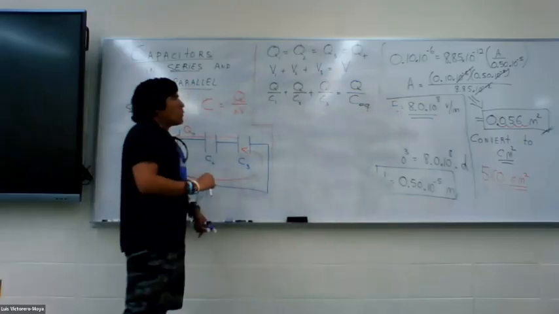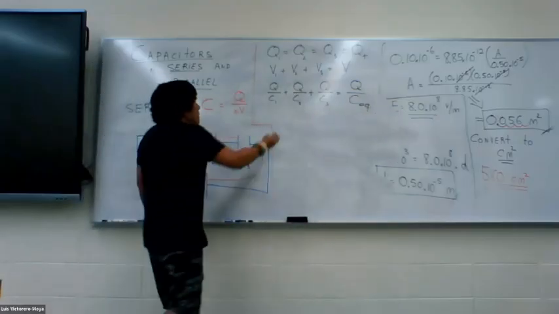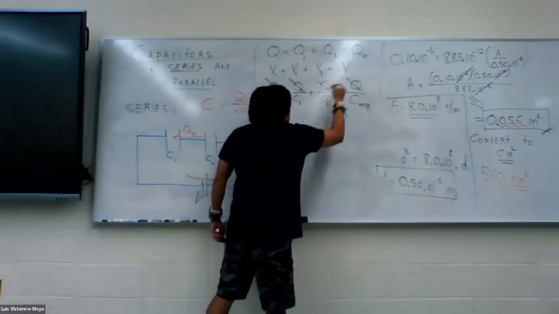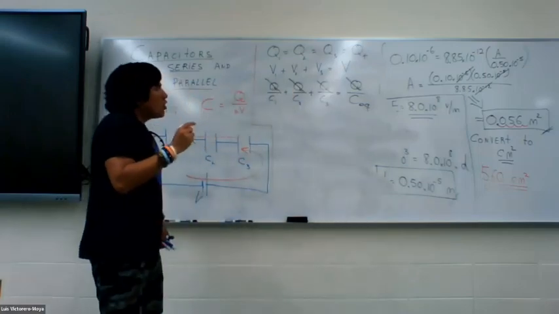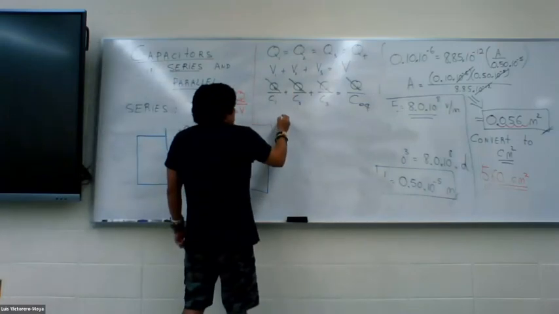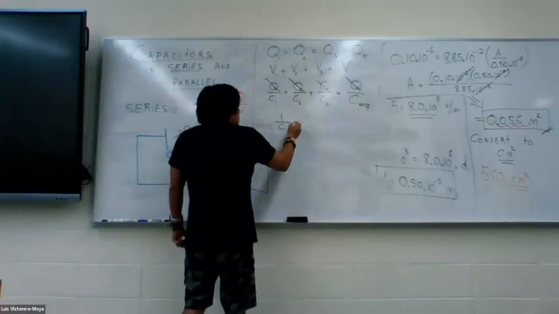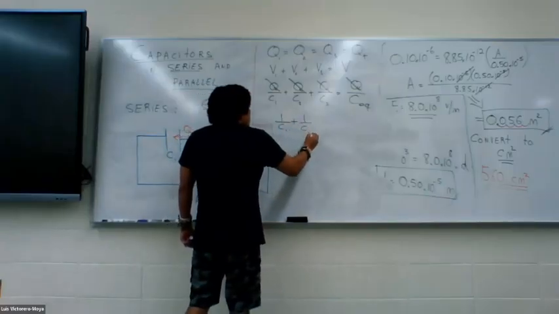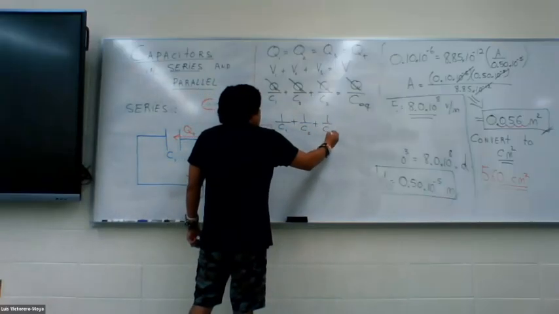We call that the equivalent capacitance. Well, all the charge is cancelled, and we get the equation to combine capacitors in series, which is basically 1 over C1 plus 1 over C2 plus 1 over C3.